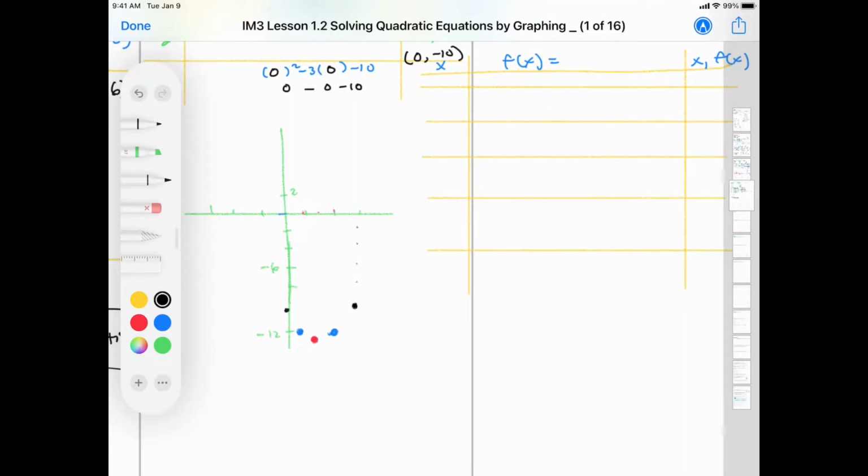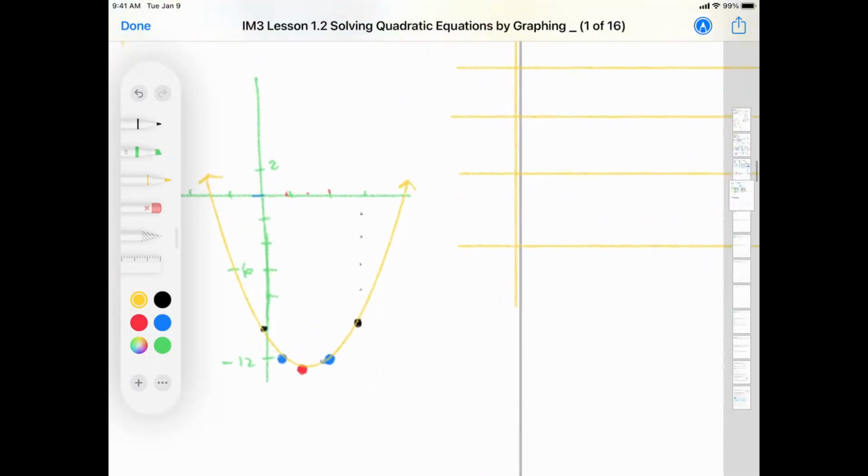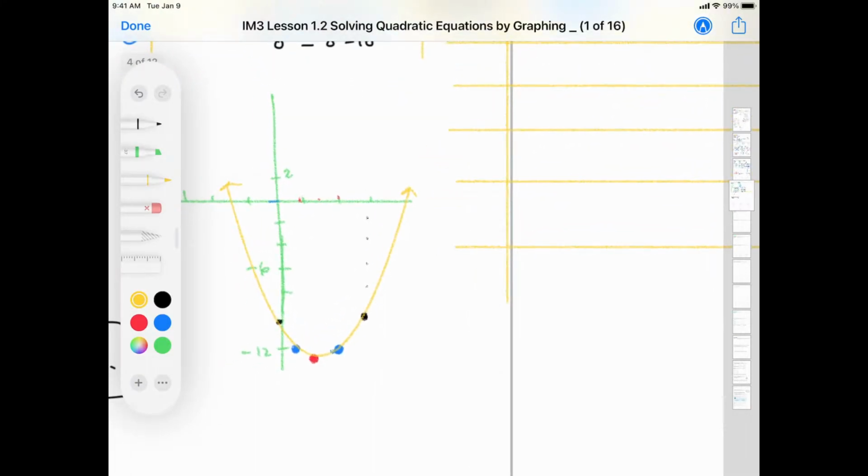Okay, here's the bad thing, and it'll lead to a segue for our next section. Okay, so if I kind of just connect the dots, I don't have points out here, right?